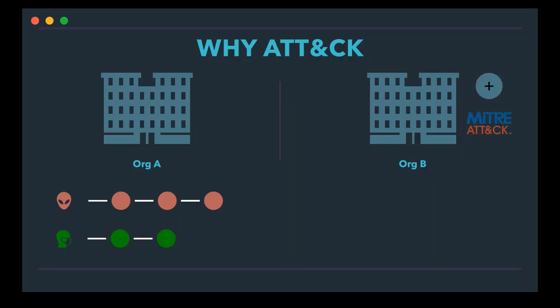On the other hand, for organization 2, with the help of MITRE ATT&CK, this scenario will be a little bit different. In place, and this is our security team. The attacker will start to apply its malicious activities on our network, and our security team will start to detect and work with this incident.